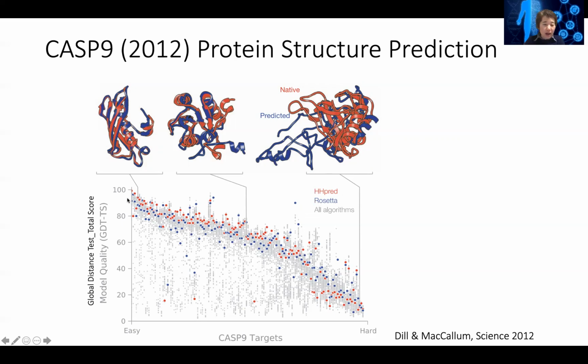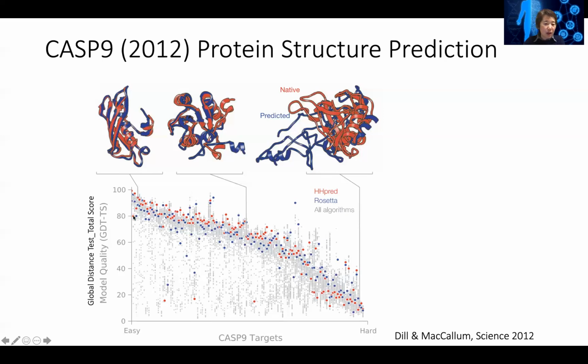And you can see in the easy targets, they can predict well. Usually the measurement of whether something is predicted well or not is called the global distance test, which evaluates the agreement between the prediction and the truth, or the native proteins that are solved from experimental approaches.